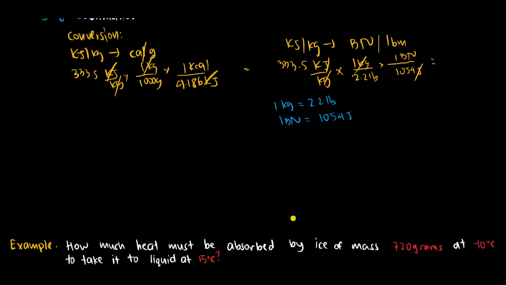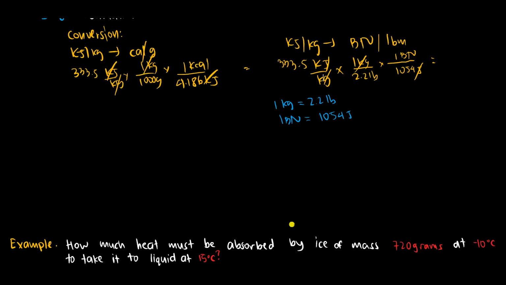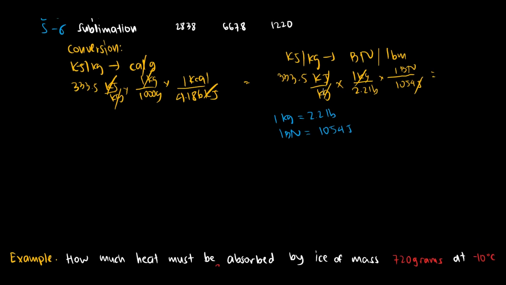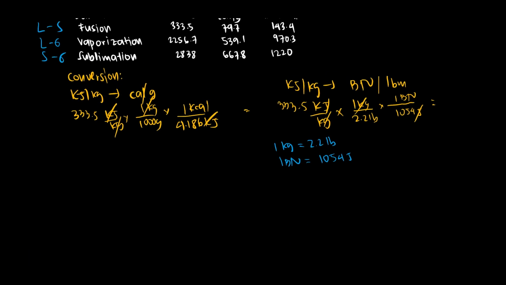Now, before mag-solve og problems, ipakita ko sa inyo class, usually maka-encounter gyud mo ginani na graph. So say for example na kay ice at a certain, let's say negative 25 degrees Celsius.